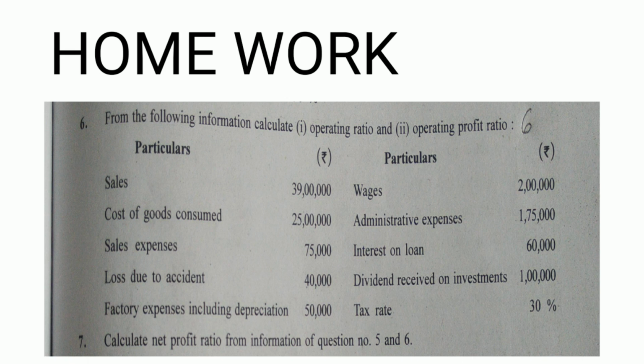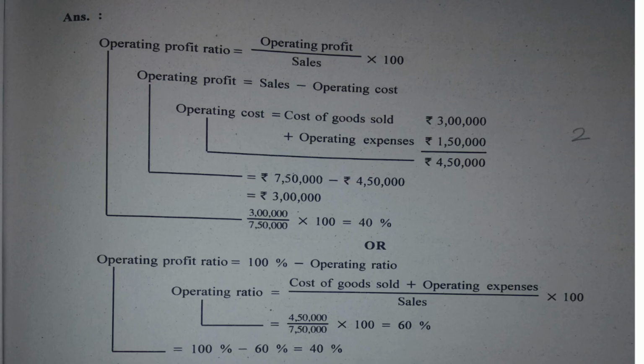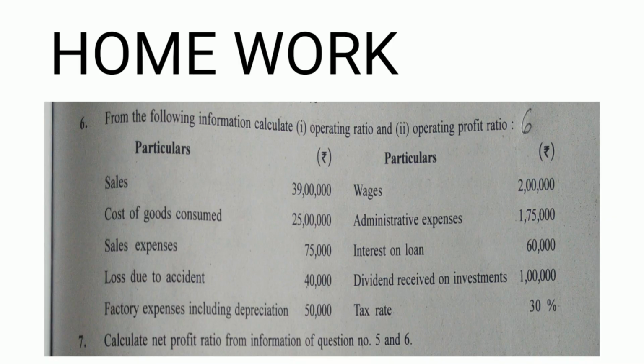So what you are going to do is that you will obtain operating ratio first. Then you will obtain operating profit ratio, just the way we have solved illustration 8. See here. Yes? Obviously you know how to find out operating ratio. We have learned in the previous lecture, lecture 2. Yes? So it is not difficult for you. You will solve sum number 6 from exercise as homework for today. Yes?